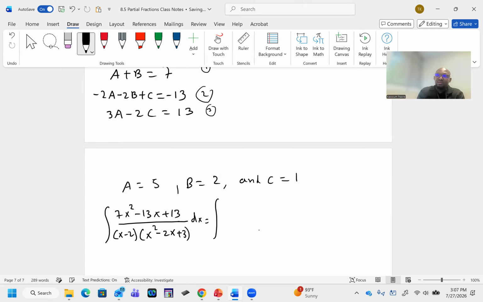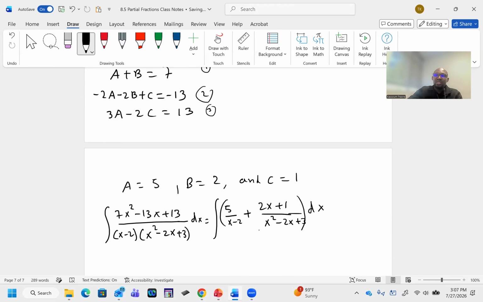Finding the integral of 5, open parenthesis, 5 divided by x minus 2 plus, we found b is 2, so 2x plus 1 divided by x squared minus 2x plus 3, dx.